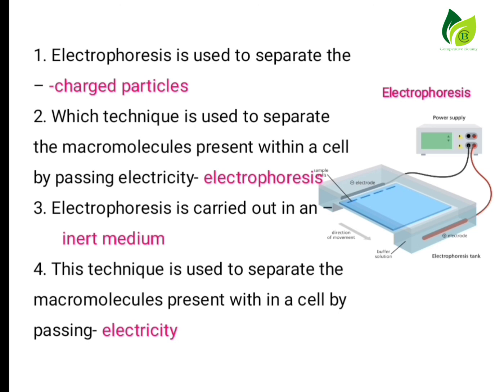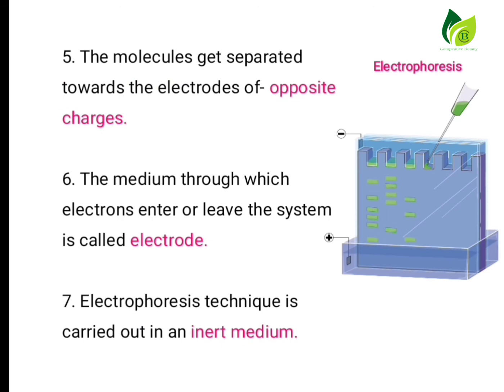Next question: this technique is used to separate the macromolecules present within a cell by passing electricity. That's why it is called electrophoresis. Next question: the molecules get separated towards the electrodes of opposite charges.